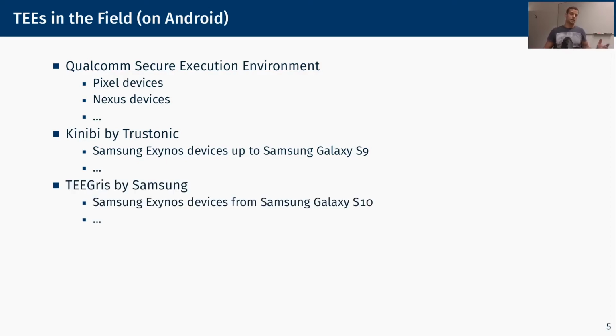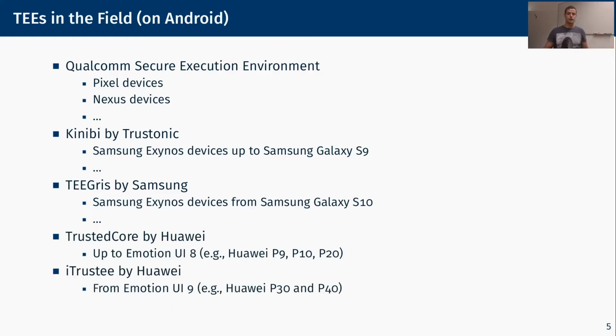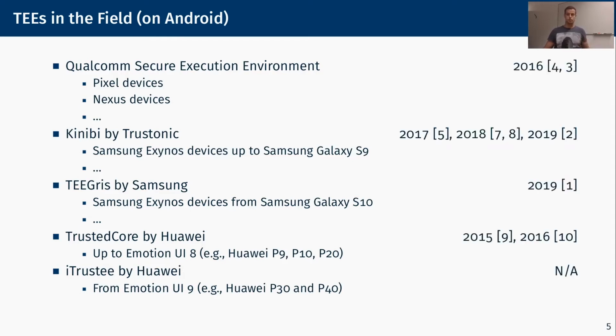Samsung has their own implementation now that's called TEEGRIS, and on Huawei devices, TrustedCore was used until it was superseded by iTrustee, which is running on the newest Huawei devices. There's some research out there for almost all of these trusted execution environments, but we by far do not know all about them.